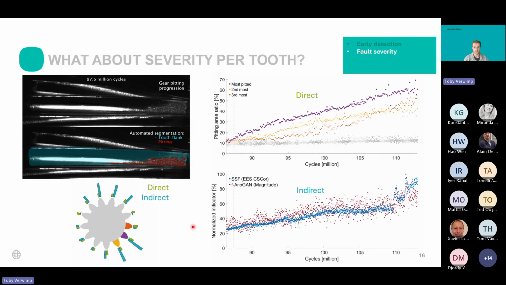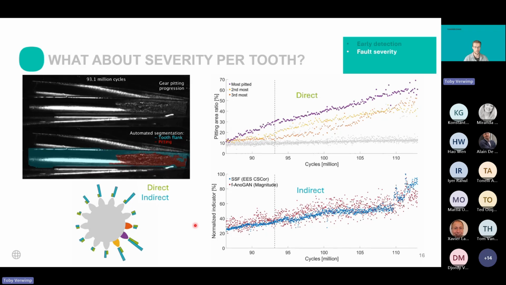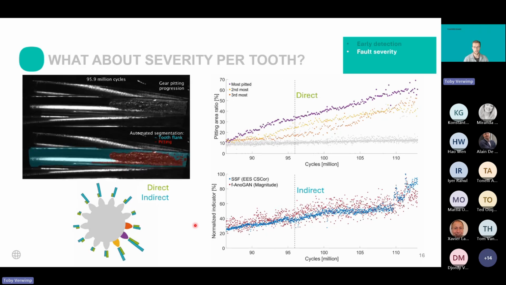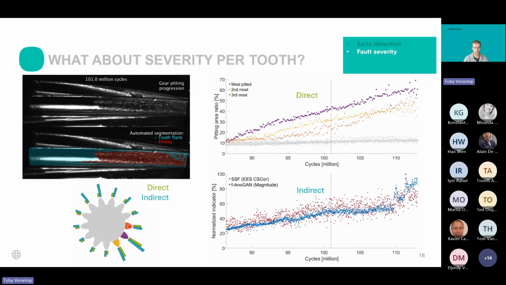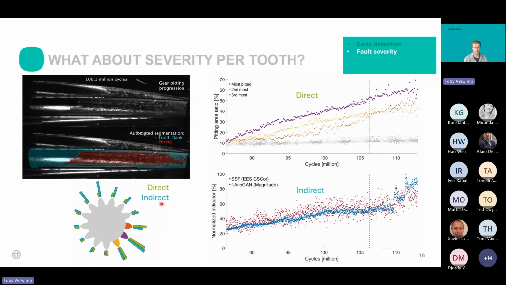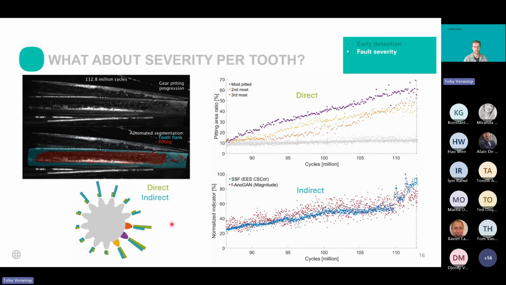And then we can see this evolution over a full test or during operation in industrial applications. We see that in this region where we have the 3 most pitted teeth, the wavelet-based indicator is correlating quite well with the vision system results.